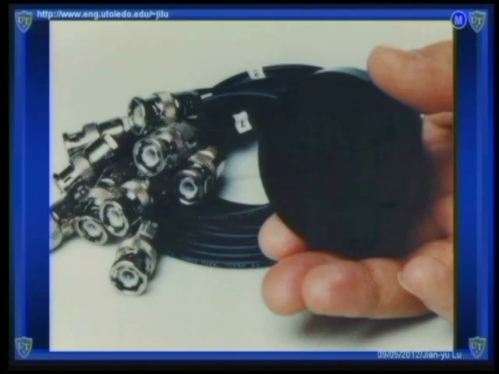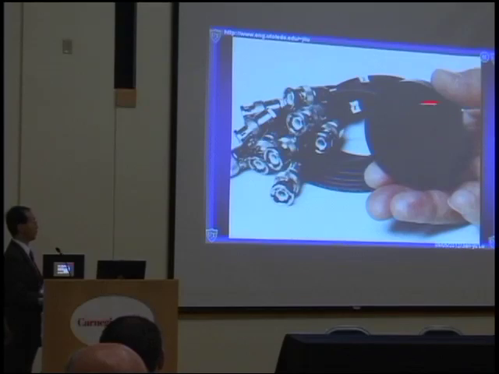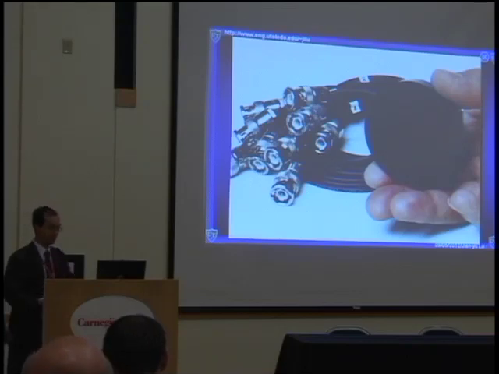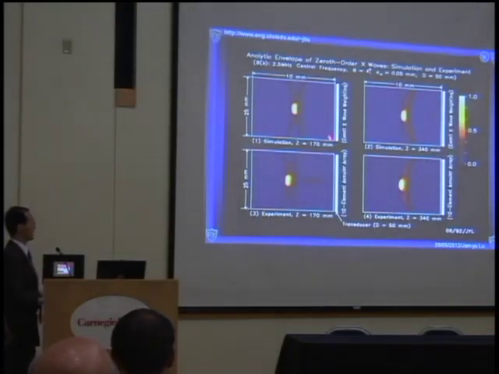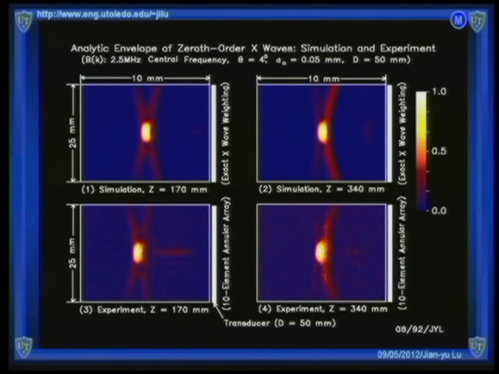This is a transducer we made to produce this X wave in water. We designed the transducer with 10 rings, using 1-3 polymer composite material to make a 10-ring annular array transducer. The size of the array is about 5 centimeters. This is the X wave we produced in water.